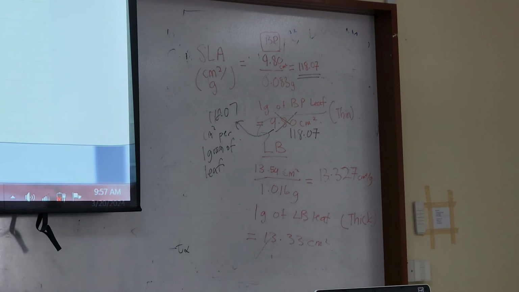Ataupun sometimes the leaf tak flat, it's undulating, it's waving. So that kind of gives you the illusion of thicker, but it's not really thick. Sebab not every leaf flat. That's why I ask you, kat mana yang ada discrepancies tu? Percanggahan pendapat antara feeling dengan SLA.